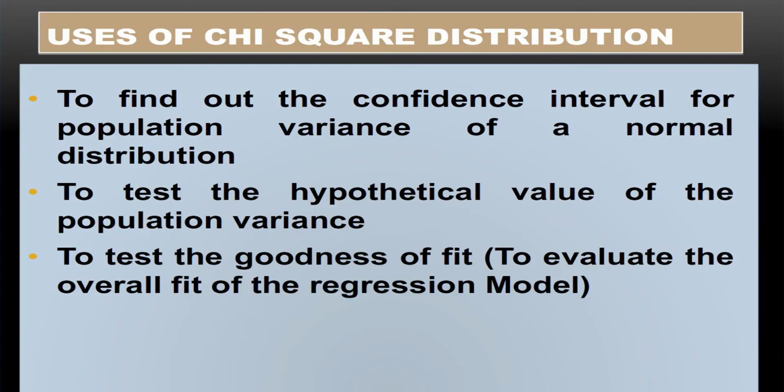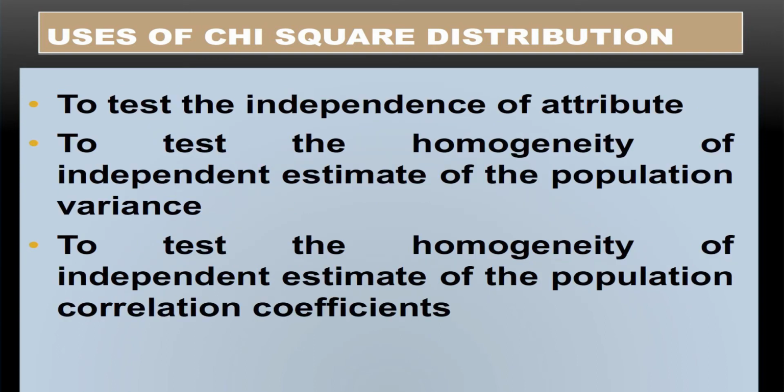Now, let us see some of the uses of the chi-square distribution. 1. To find out the confidence interval for the population variance of a normal distribution. 2. It is used to test the hypothetical value of the population variance. 3. It is used to test the goodness of fit in the case of regression analysis. It is used to evaluate the overall fit of the regression model. 4.